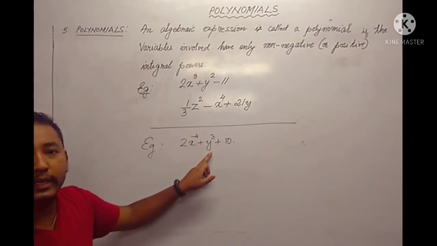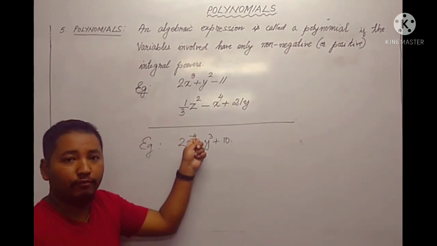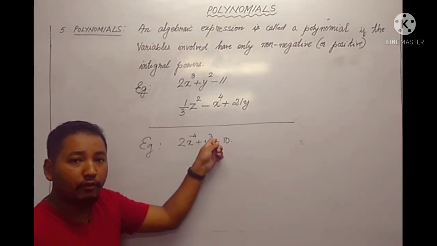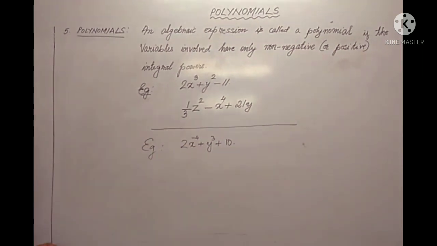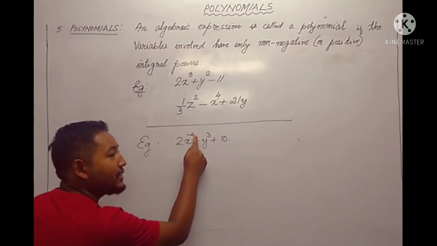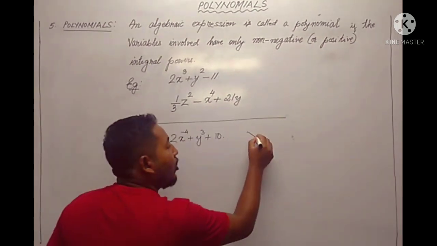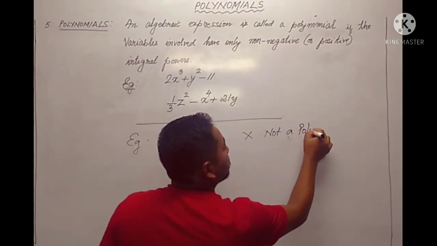The power of y is 3. Now you have one power which is negative and one power which is positive. So this is not a polynomial. Why is it not a polynomial? Even if a single power is negative, it is not a polynomial.